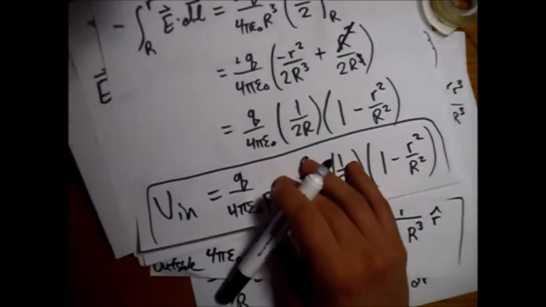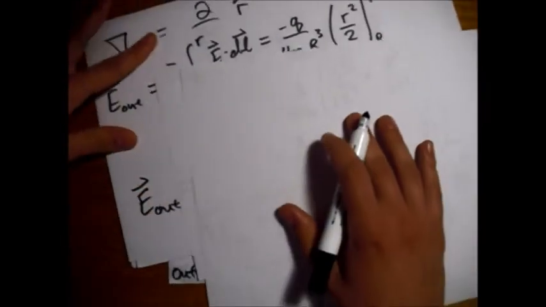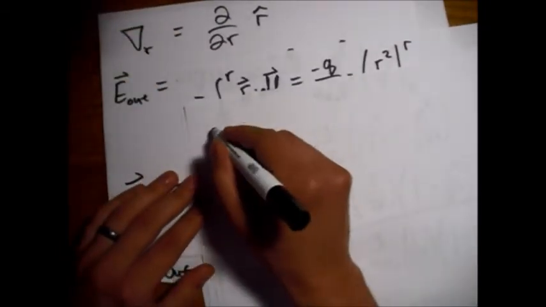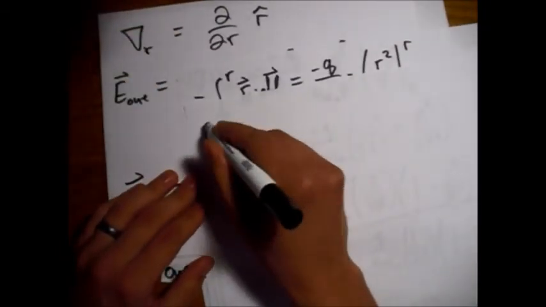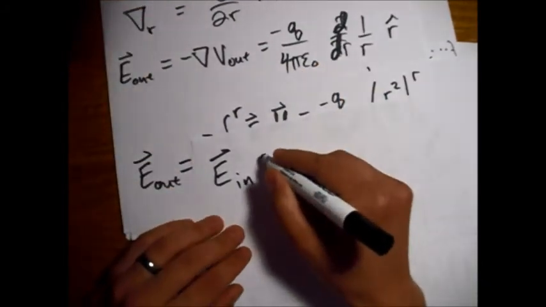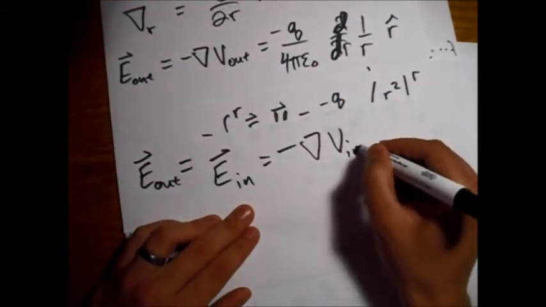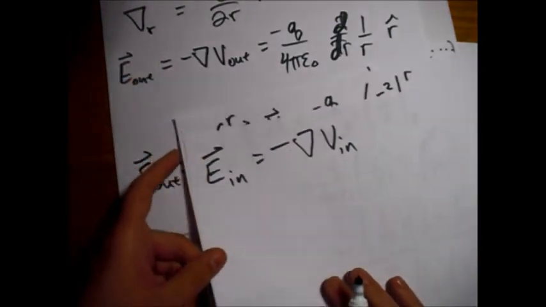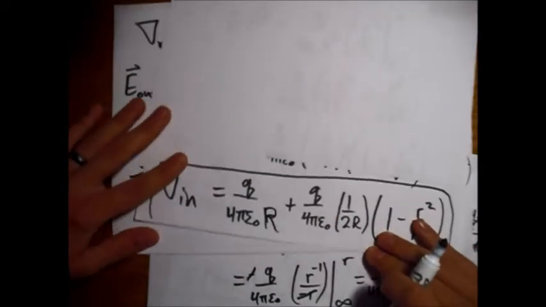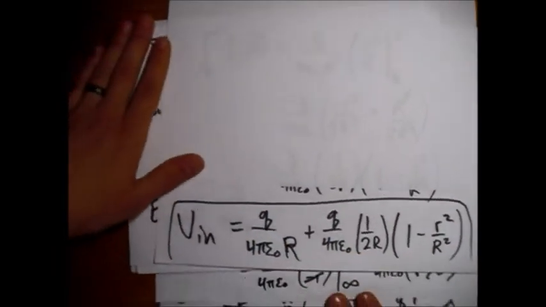Now, we're almost done. Shuffling the papers, we have to now find the electric field inside using minus the gradient of V on the inside, right? So same as what we did before, except now we're going to be using our expression for the potential on the inside, which is just right down here.